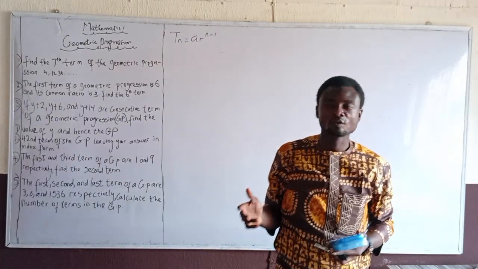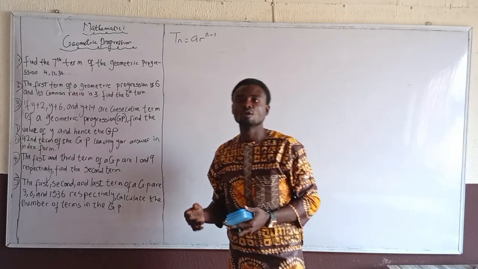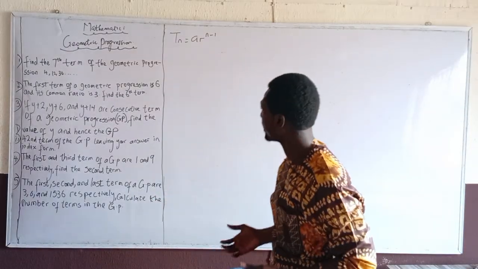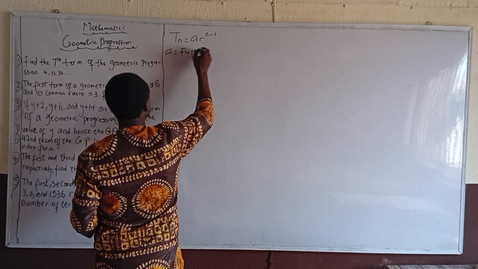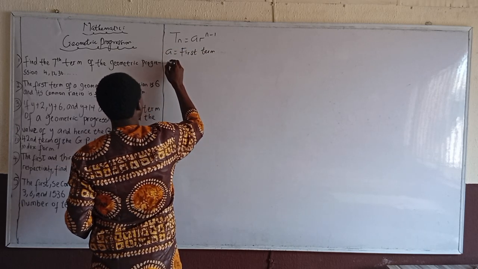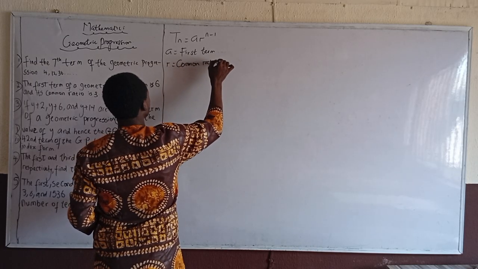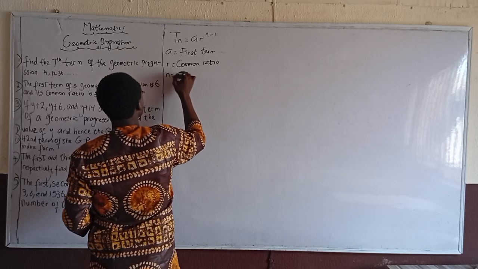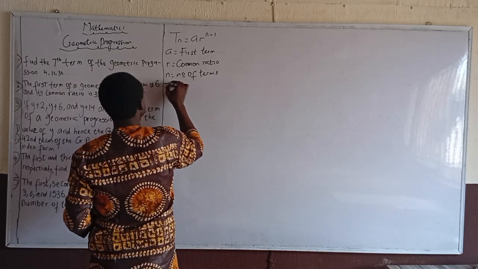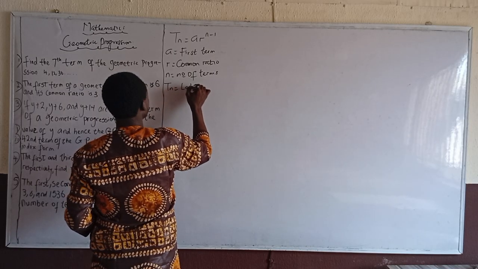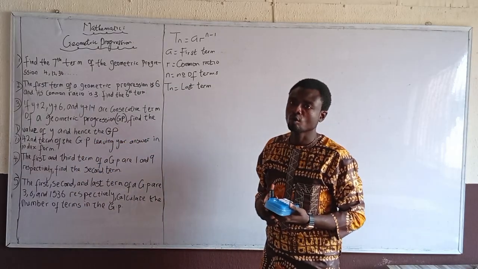This is the formula for the nth term of GP: Tn equals AR raised to n minus 1, where A is the first term, R is the common ratio, n is the number of terms, and Tn is the last term. So this is my formula for the nth term of GP.